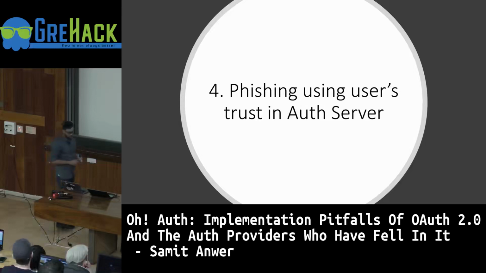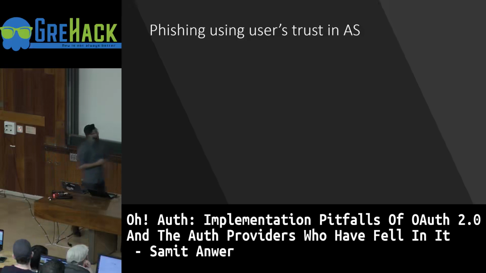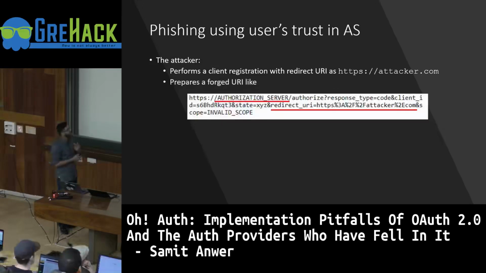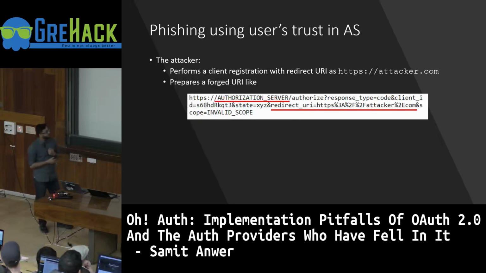So next one is phishing using users' trust in the auth server. And there are a few steps that the attacker needs to take. He just needs to register a domain which the attacker controls with the auth server. And then he misuses the trust that the end user has in the authorization server.